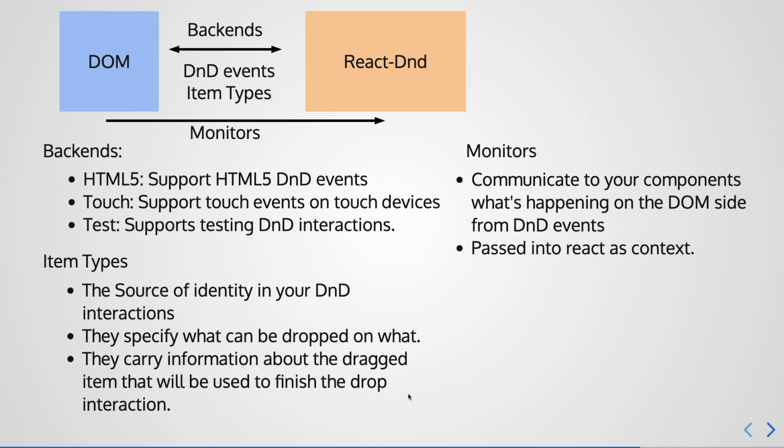So this is basically a context that's kind of hovering over the DOM, storing the state of the D&D events, and passing that on to you as a context. And you can use that context to do stuff, which we'll be doing, of course. So this is kind of the summary of what happens between React-dnd and the DOM. This is what I mean when I say backends, monitors and item types.